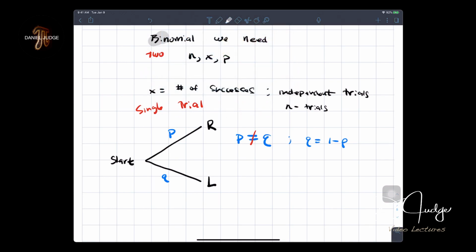Right? Why is that? Why is P not equal to Q? Let's think about this. Does anybody know? Anybody have an idea? Why does P not equal to Q?